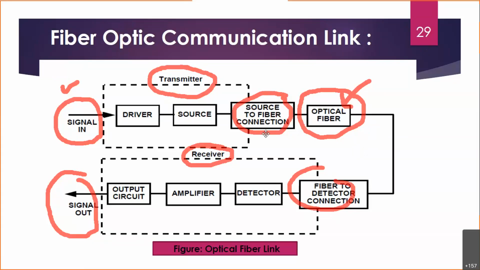That means if I need to transmit the signal, if I need to transmit the content of physics to you people, then I need to connect to this classroom. I need to come to the classroom. Suppose if it is offline, then I need to come physically to this classroom. You also need to come to this classroom. So basically there is a connector, and the connector is connected with this medium.